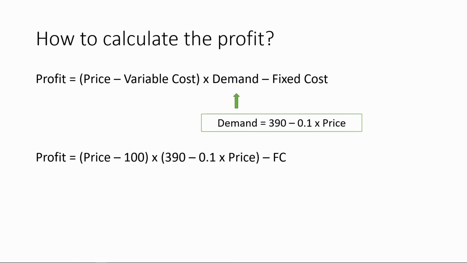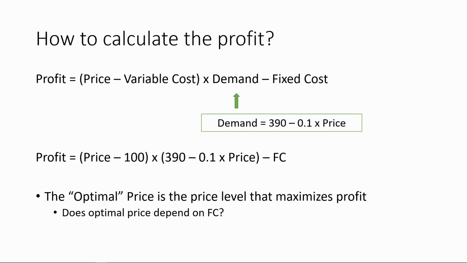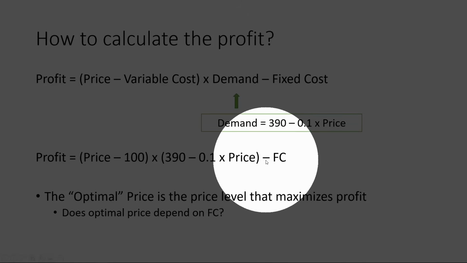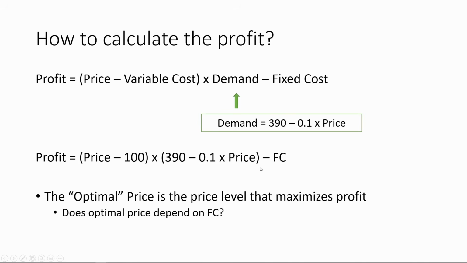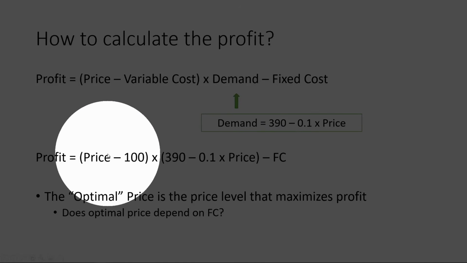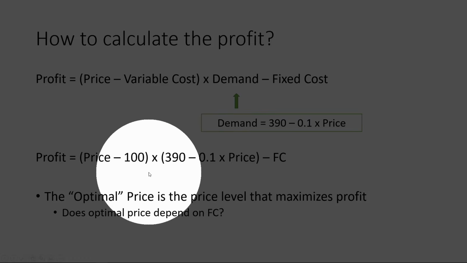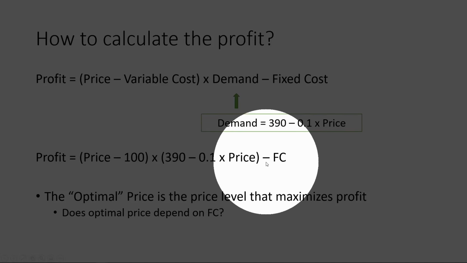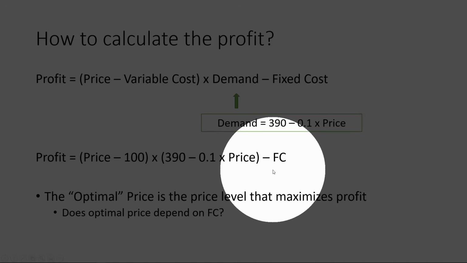From this equation, we want to calculate the optimal price, that is the price level that maximizes the profit. The first question is, does the optimal price depend on the fixed cost here? It's not difficult to tell that it doesn't, because whatever you produce from this area would deduct a fixed number of fixed cost.